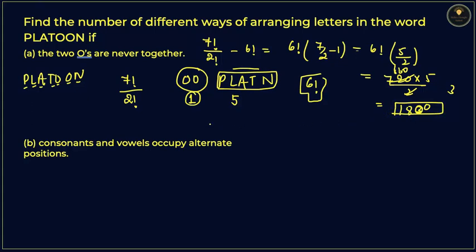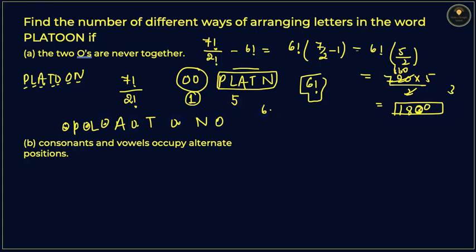Now I can find the same answer with the help of another concept. Since we don't want the O's together, we have PLATN, and we can place the 2 O's in these places. The total number of places is 1, 2, 3, 4, 5, 6.